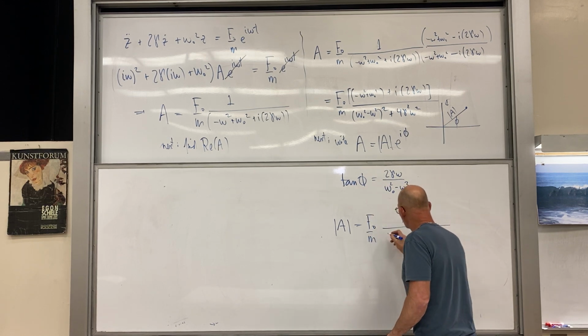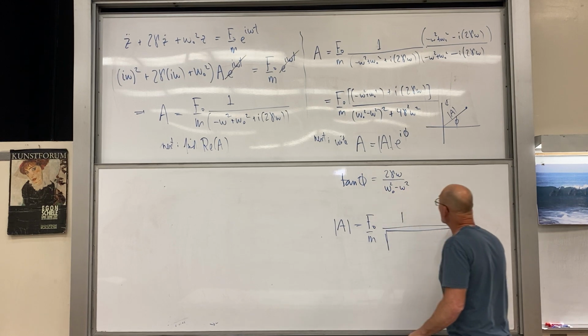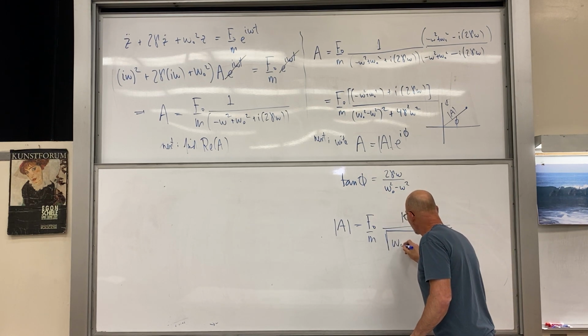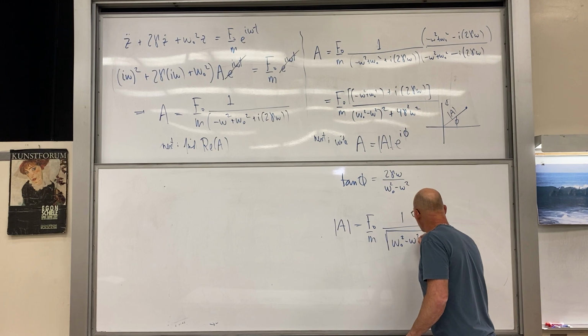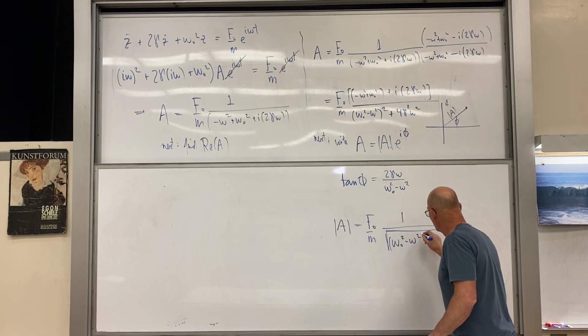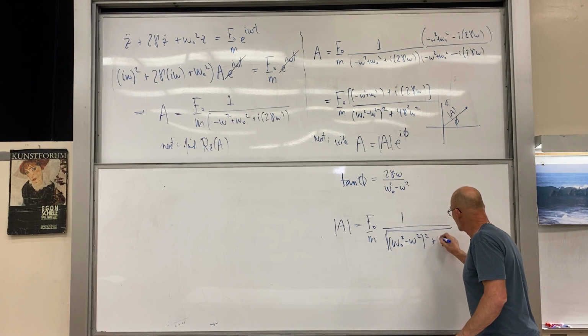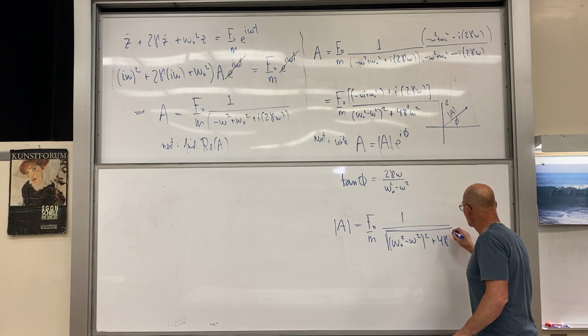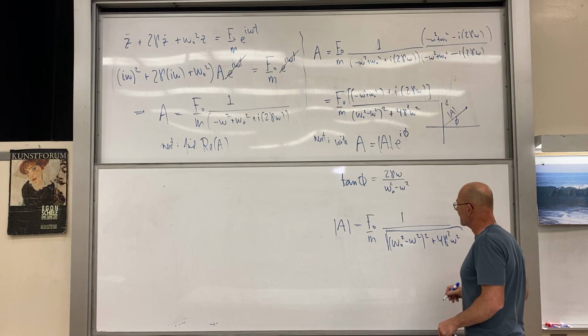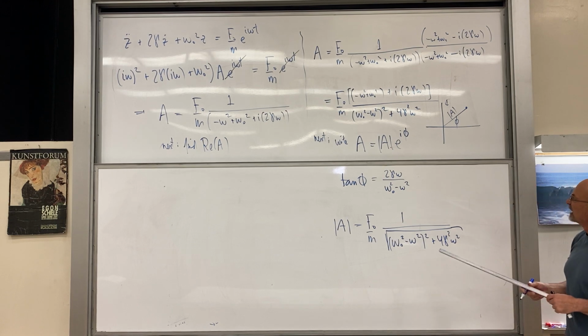We have 1 over root omega naught squared minus omega squared, quantity squared, plus 4 gamma squared omega squared. And there you have it.